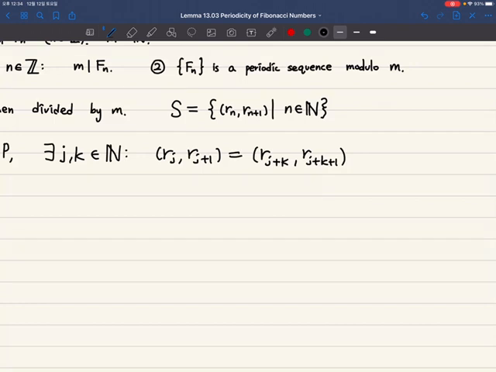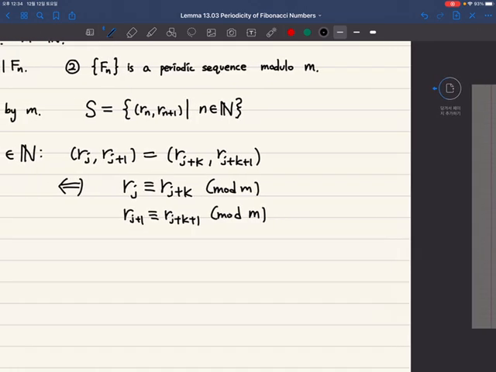Well, what is this equivalent to? This is equivalent to saying that Rj is congruent to Rj plus k modulo m, and Rj plus 1 is congruent to Rj plus k plus 1 modulo m.